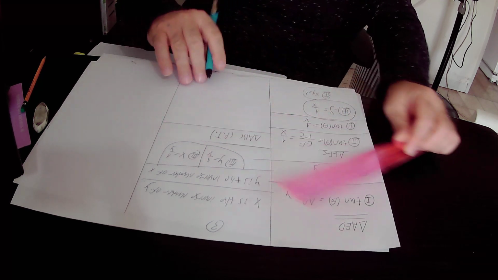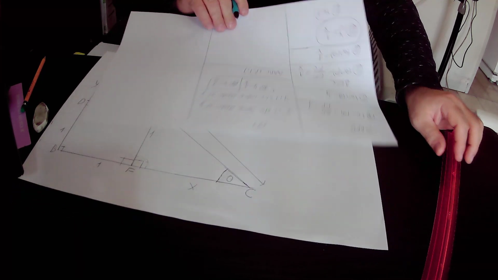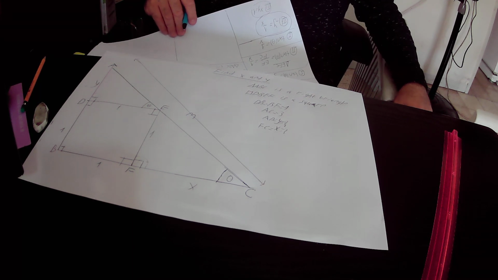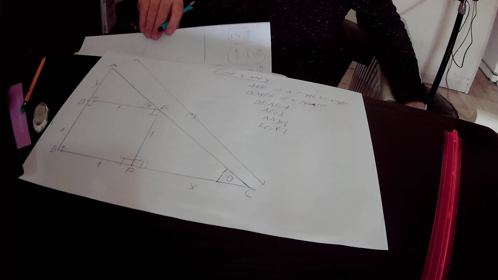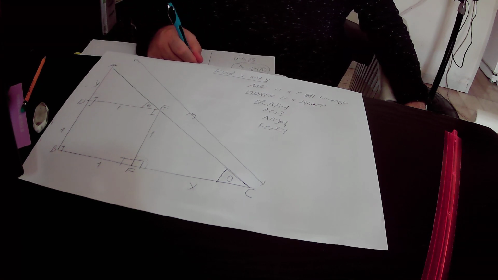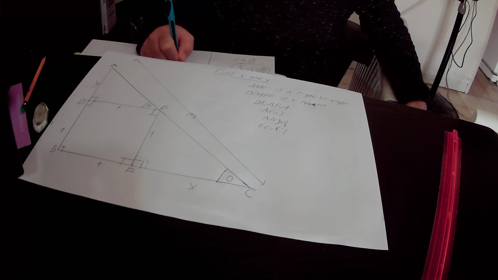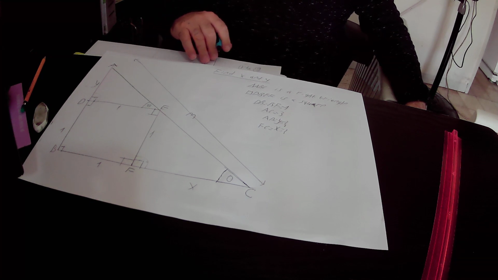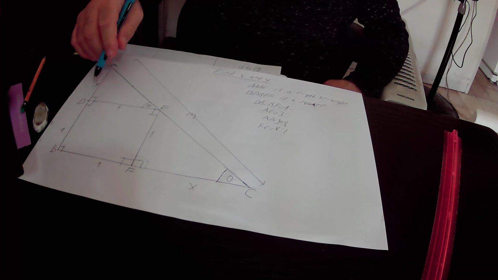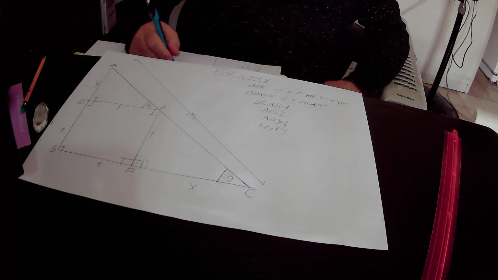According to the Pythagoras theorem, the square of the hypotenuse equals the sum of the squares of the perpendiculars. The square of the hypotenuse in the right triangle ABC is AC squared. And it must be equal to the sum of the squares of the perpendiculars, that is to say, it must be equal to AB squared plus BC squared.